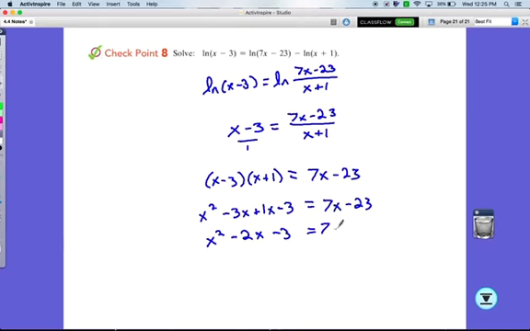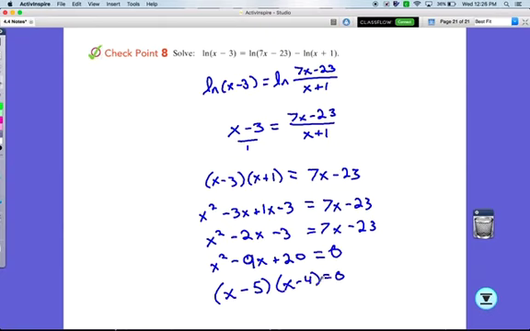Now if I bring everything to one side, subtract the 7x, it'll become x squared minus 9x. Add the 23, that'll become plus 20. And that's going to factor into (x minus 5)(x minus 4). So I've got x is equal to 5, and x is equal to 4.